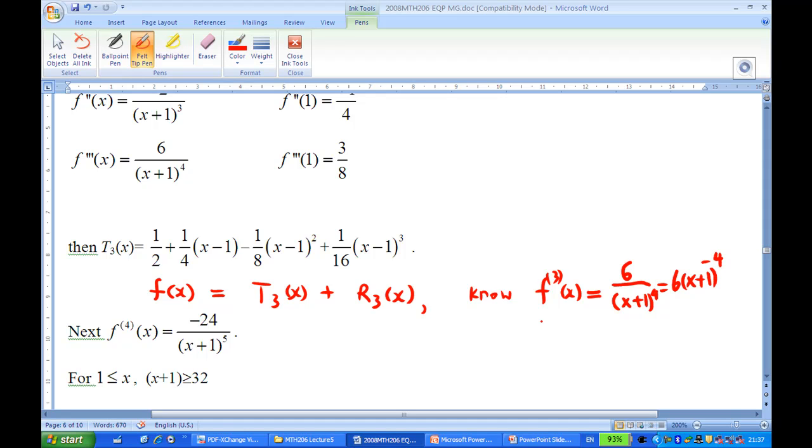So if you differentiate one more time, the fourth derivative of f(x) will be equal to 6 times minus 4, which is minus 24, times (x+1) to the power minus 5. And this is how we end up with minus 24 over (x+1) to the power 5.